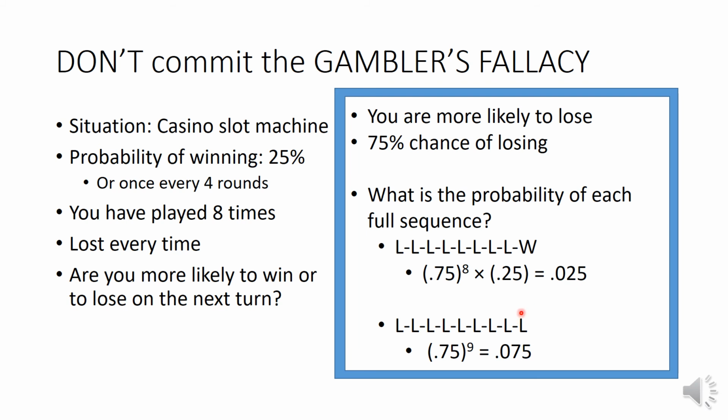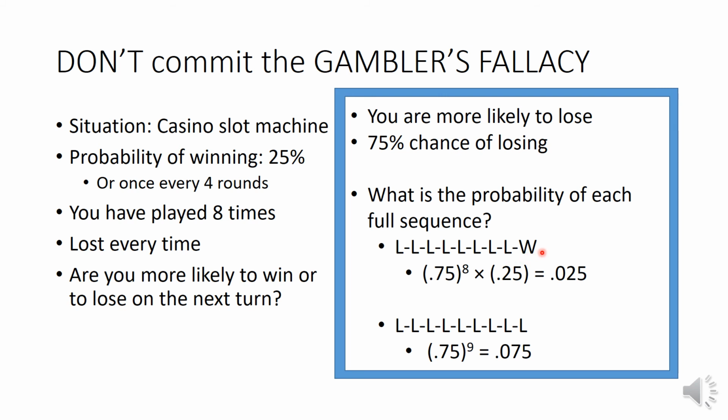That reflects the fact that this sequence, where you lose 9 times in a row, is 3 times more likely to happen than losing the first 8 and winning on the 9th. This is much more likely than the sequence where you lose 8 times in a row and win on the last one.